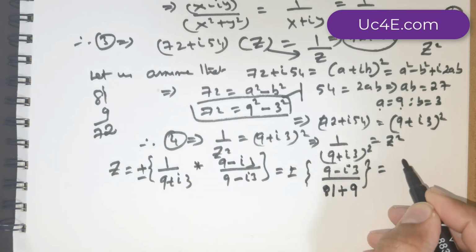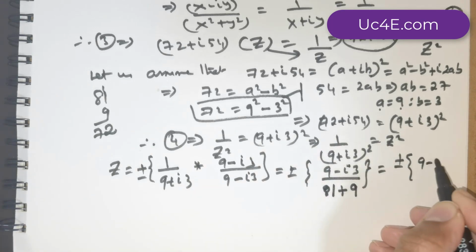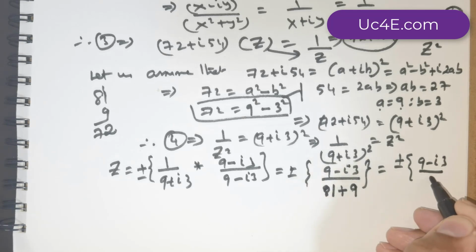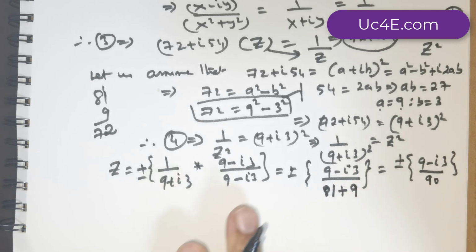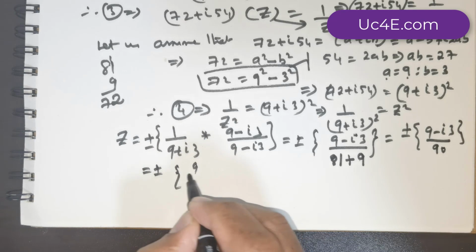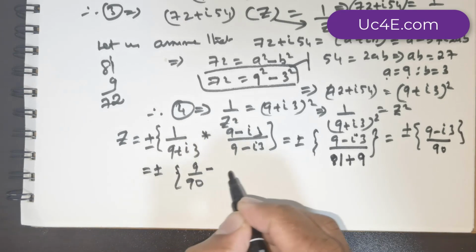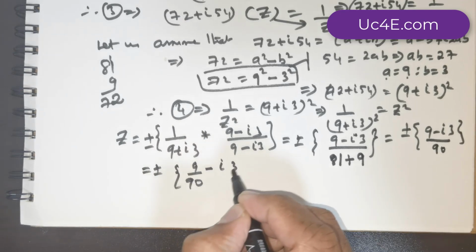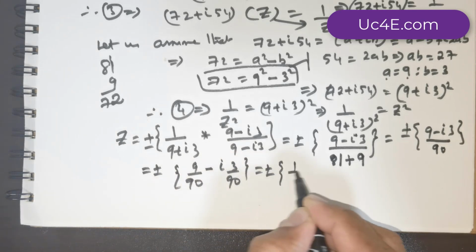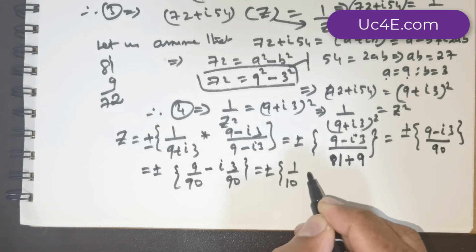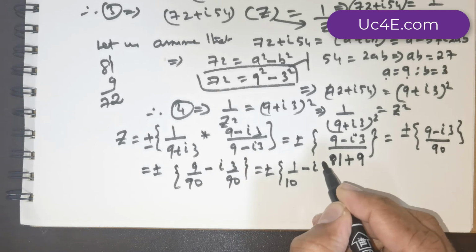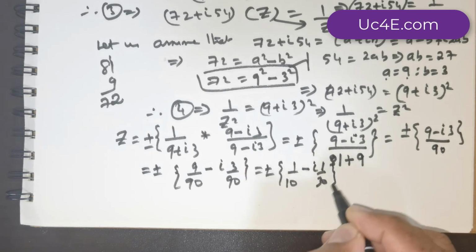So this is equal to plus or minus (9 minus i times 3) divided by 81 plus 9, that's going to be 90. Now this can be rewritten as plus or minus 9 over 90 minus i times 3 over 90, which is equal to plus or minus 1 over 10 minus i times 1 over 30. This is how you get it.